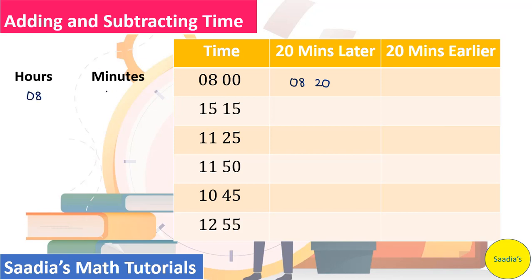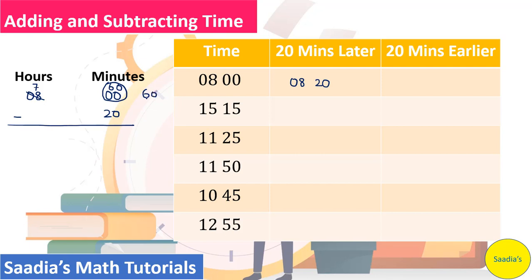8 hours and 0 minutes. And when we subtract 20, we cannot subtract 20 from 0. So we need to borrow. And when we borrow, this 8 becomes 7. And when we have borrowed 1 hour, it becomes 60 minutes. Now what is 60 plus 0? It is 60.